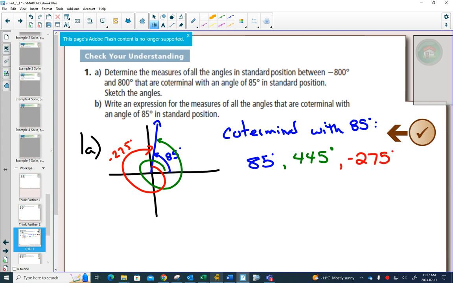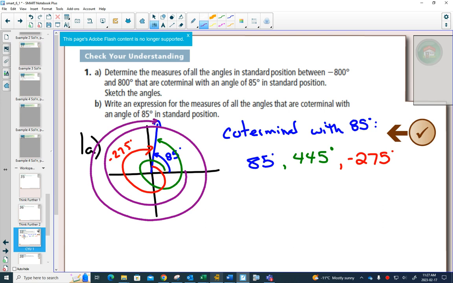That would also be coterminal with 85 degrees. And if I subtracted 360 again, I would get negative 635 degrees.